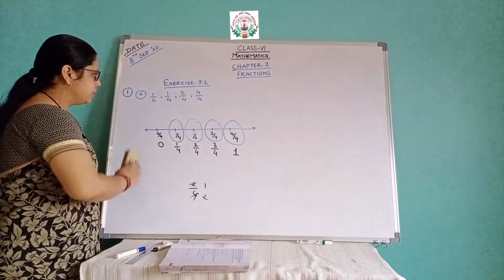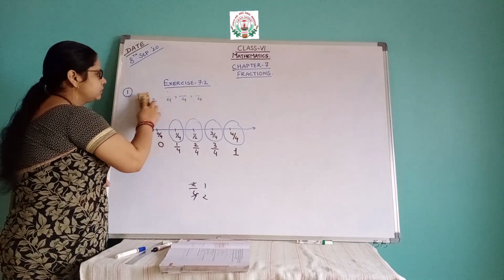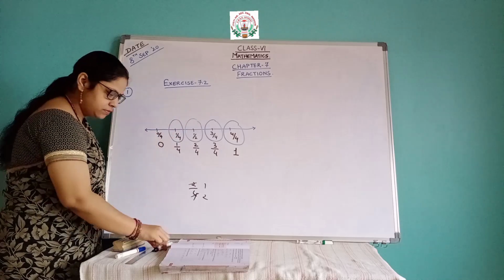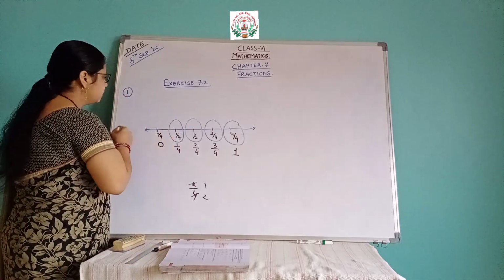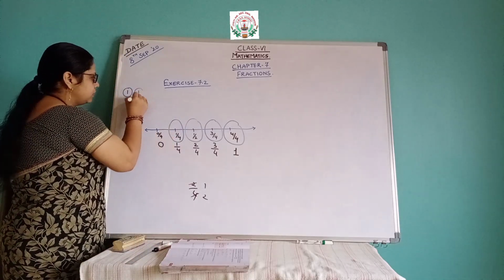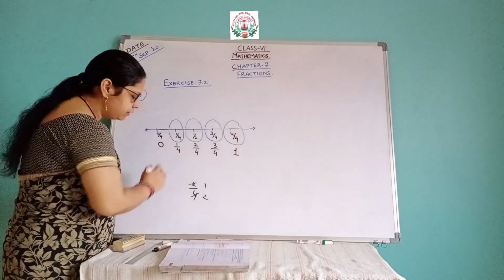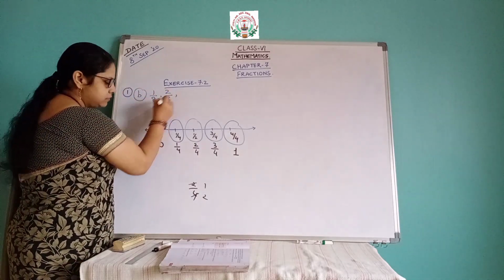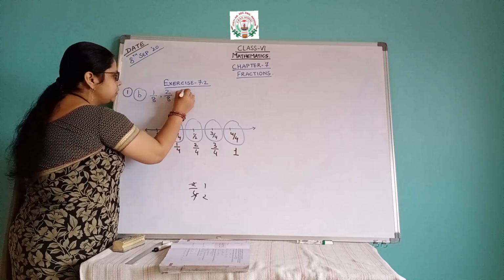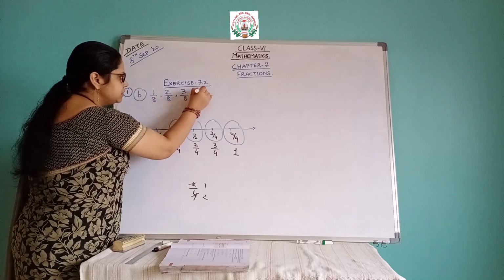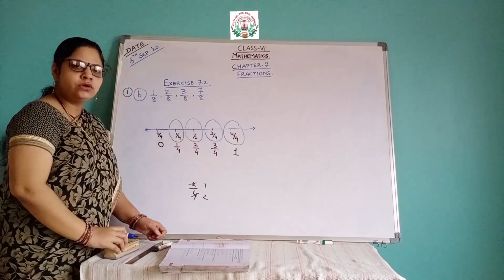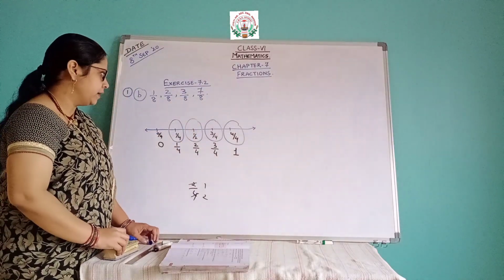Seeing the second part now. Questions are 1 by 8, 2 by 8, 3 by 8 and 7 by 8. These are the questions asked to plot on the number line.